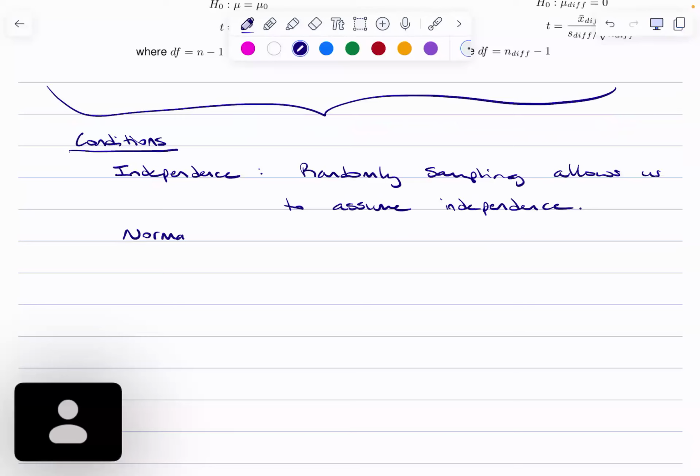The normality condition, if the sample size is greater than 30, you're allowed to just assume normality. And so it's kind of two-pronged. So if n is greater than 30, we may assume normality.